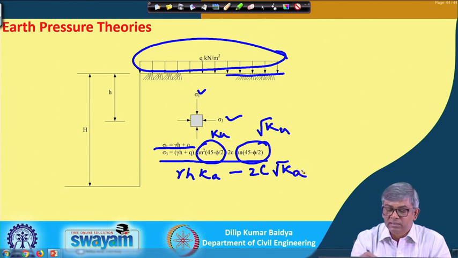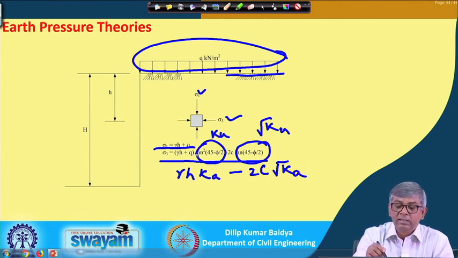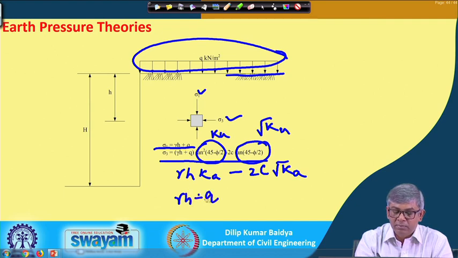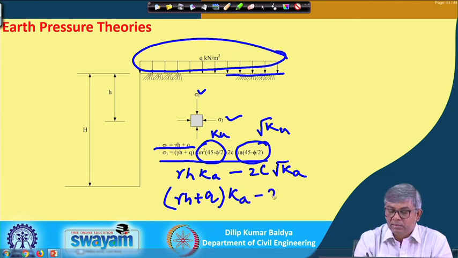But when there is a surcharge, I can visualize it as gamma h plus q, times K a, minus 2 c root K a.